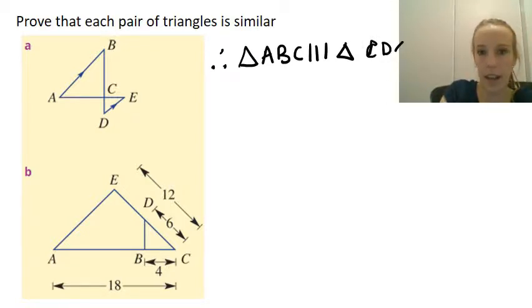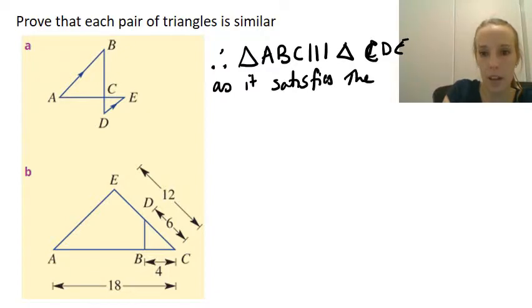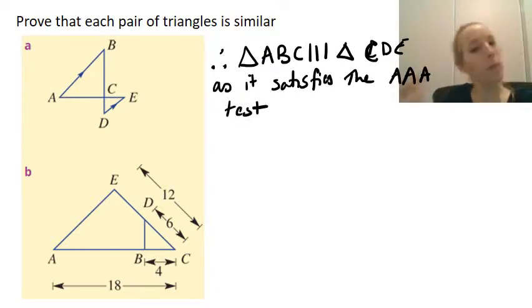C, D, E. Anyway, that might not be in the right order. It's triangle DCE, as it satisfies the angle test. There we go.